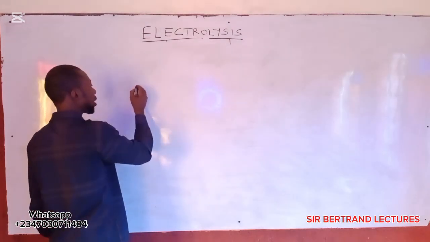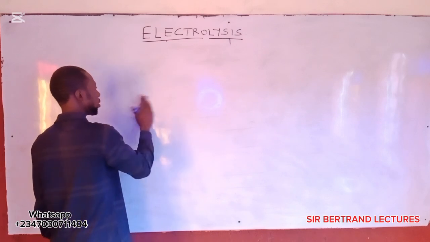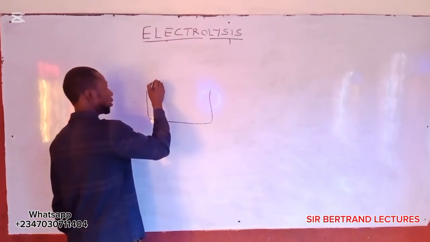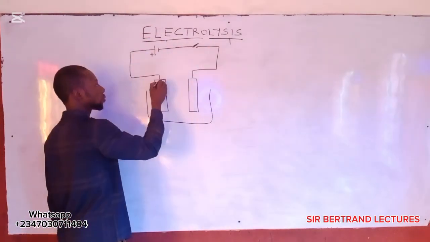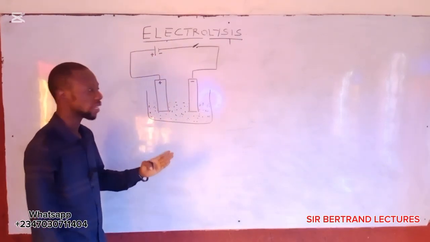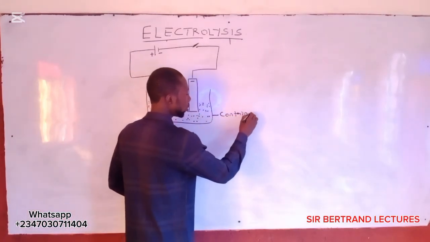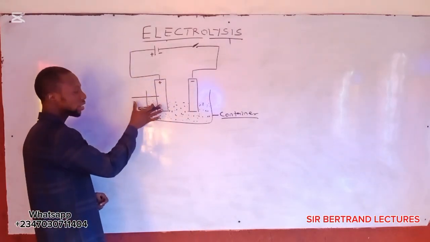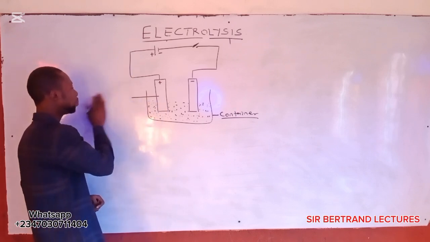Now, this is a typical electrolytic cell. This here is a container that contains a metallic rod or a metallic plate.